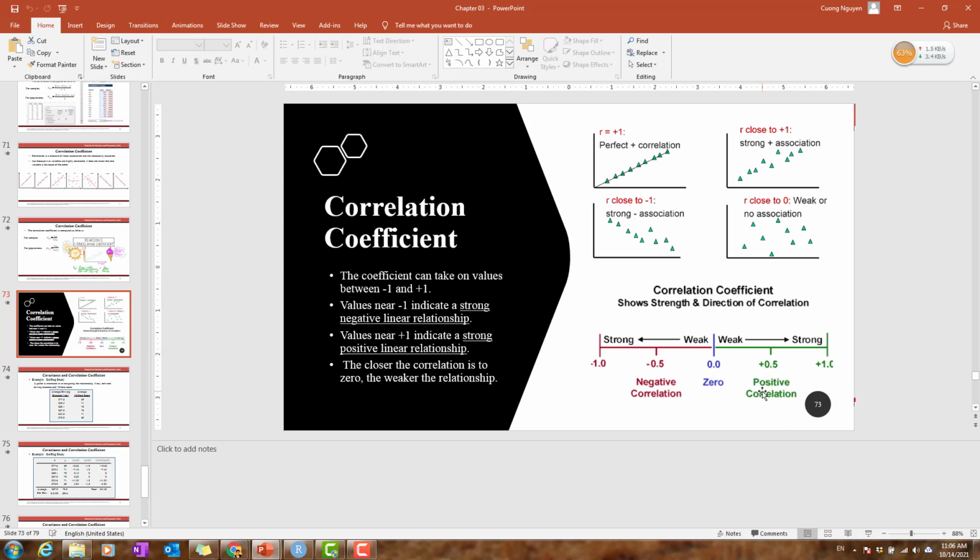That means when one variable increases, the other variable will increase too. If it is very close to 1, that means a strong positive correlation. On the opposite side, if it is very close to -1, a negative number, they have a negative correlation, and close to -1 means a strong negative relationship.